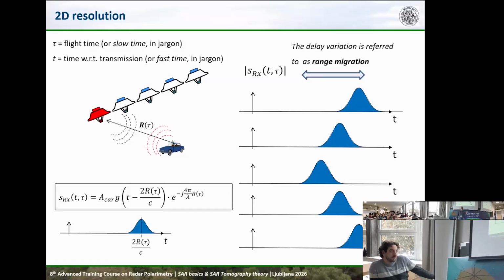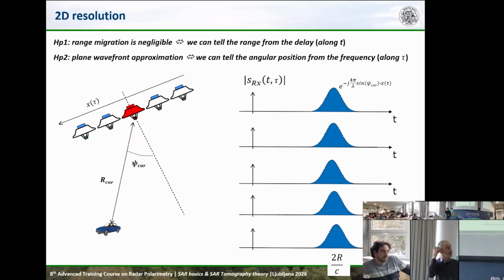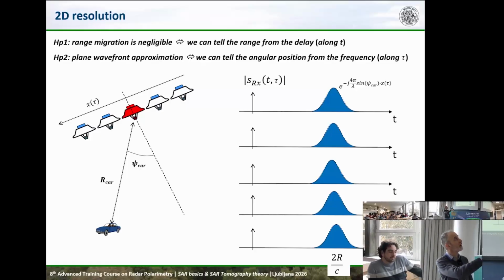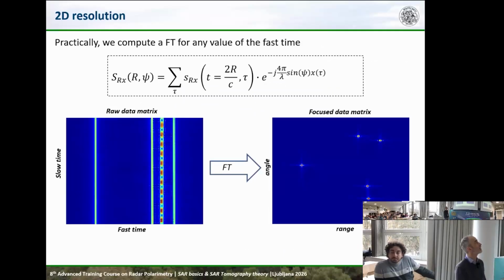So this is a detail that we don't have to go through today, for which reason we will assume that we can neglect this range migration. So just imagine that the one thing that changes across the signals of the different antennas is the phase, because it depends on the position of the antennas. And this is exactly what you have. This will be the signal.